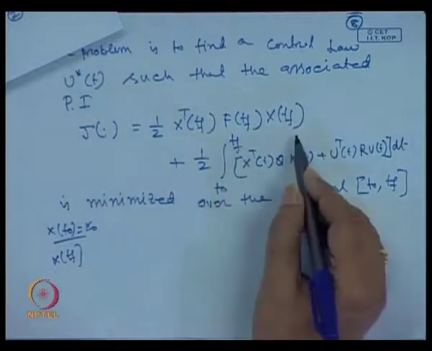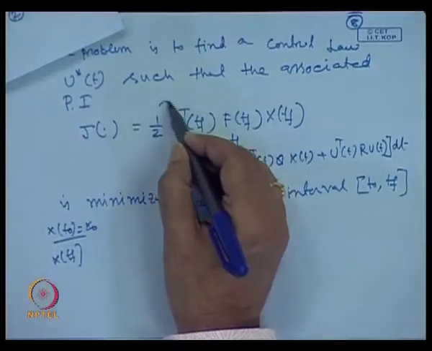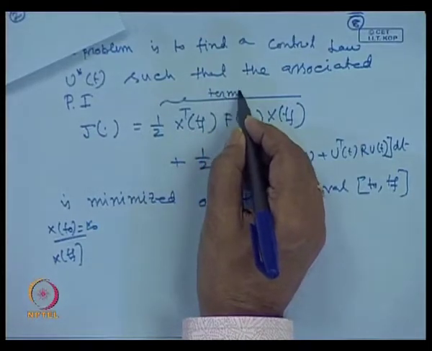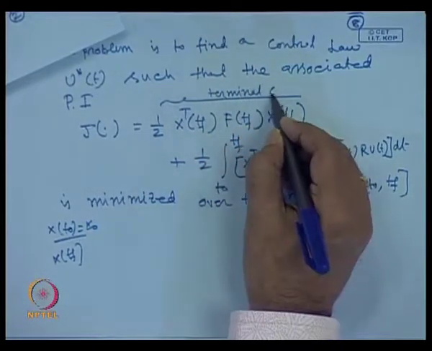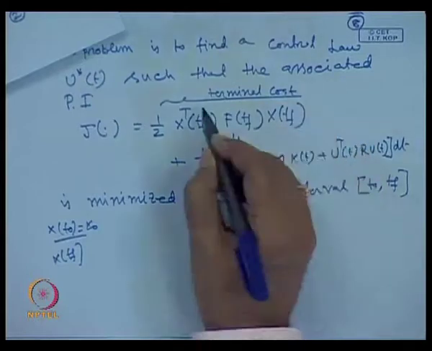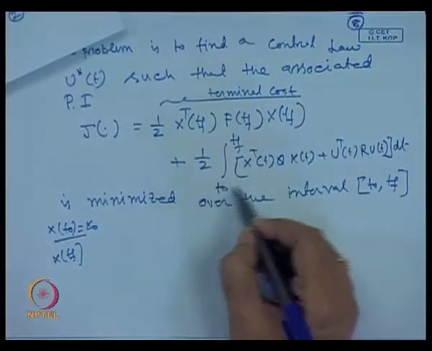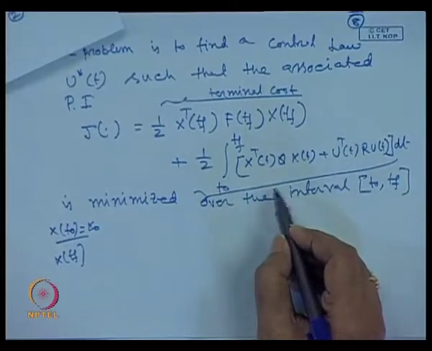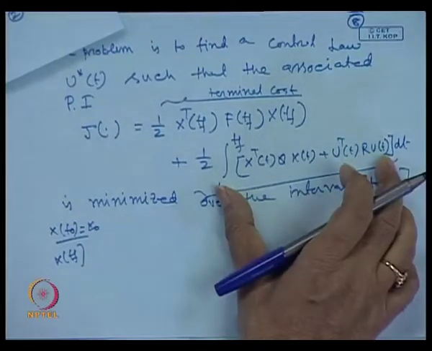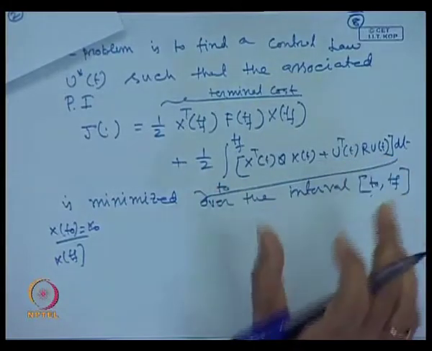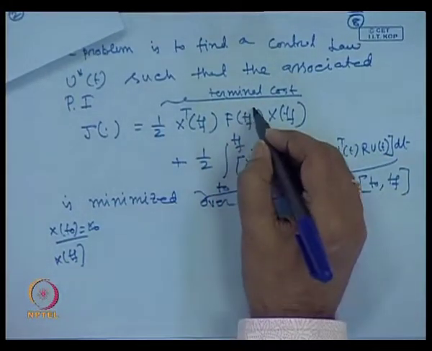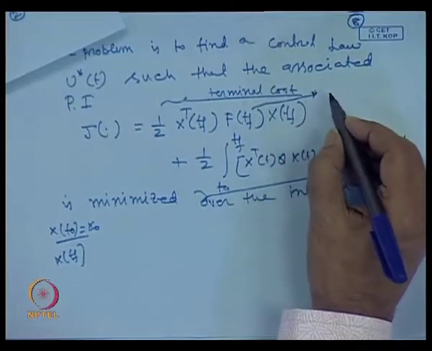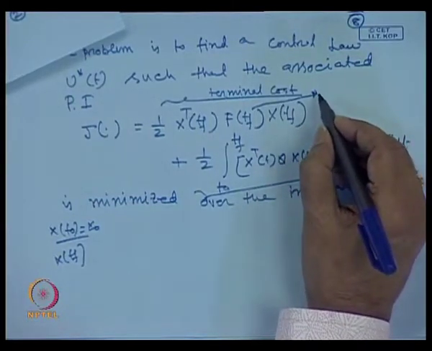And what is the performance index? Similar to the earlier discussion, this first term is the terminal cost, and this whole integral part is the integral cost functional. Now, this F(tf) is called the terminal weighting matrix.